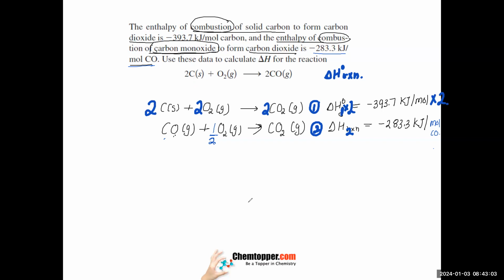And now focus on CO. Don't focus on O2 because O2 is in multiple equations. So whoever is present in multiple equations, they will take care of their own. You need not do anything. Just focus on CO. What should I do with the second equation?